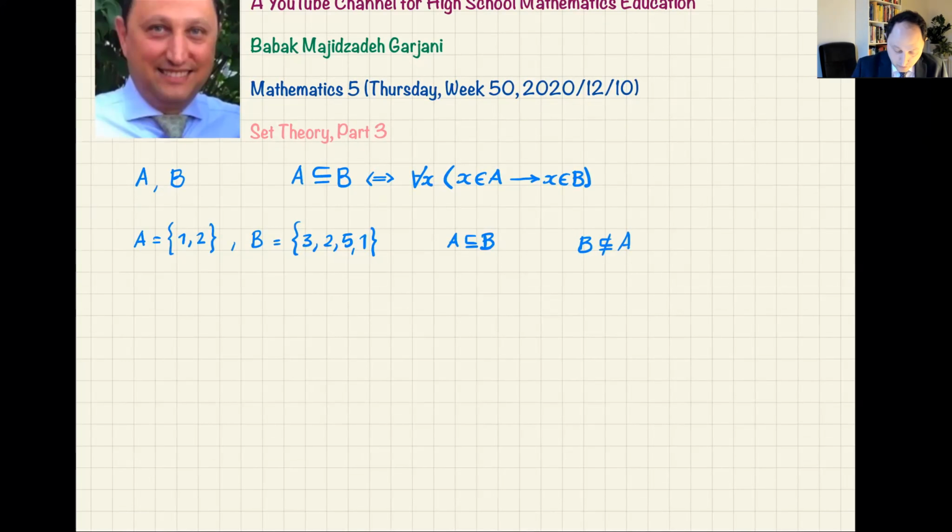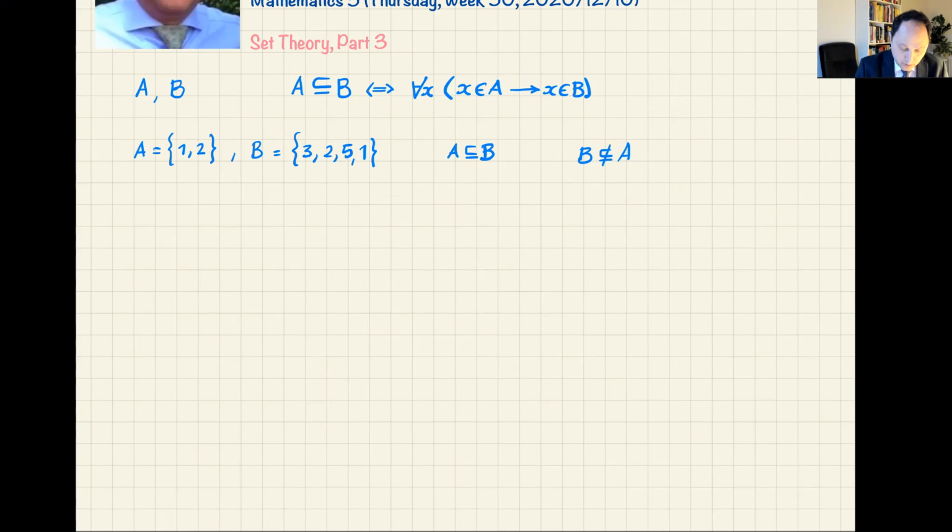So if you want to draw a Venn diagram representing being a subset, do you remember we did it before? So let me take this one as the universal set.